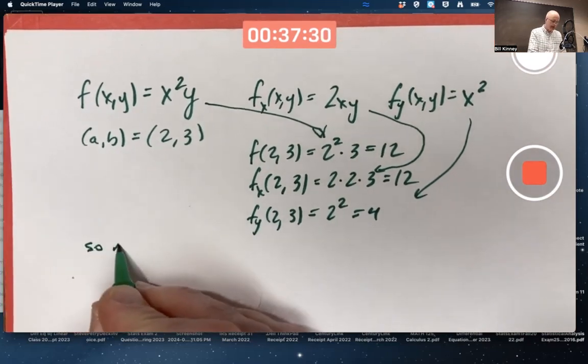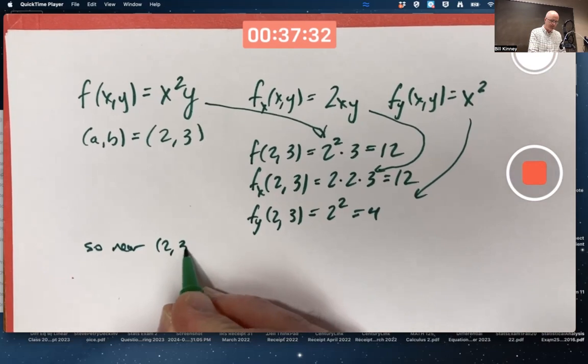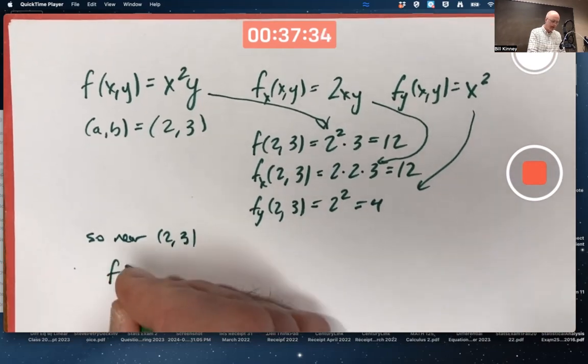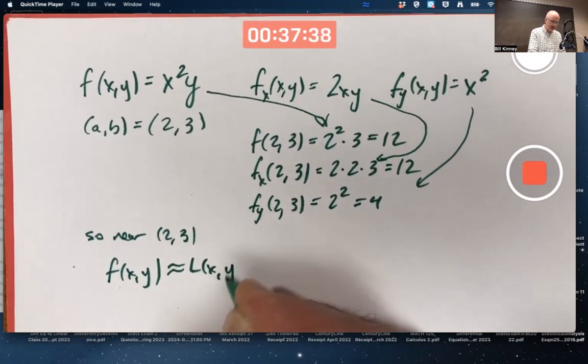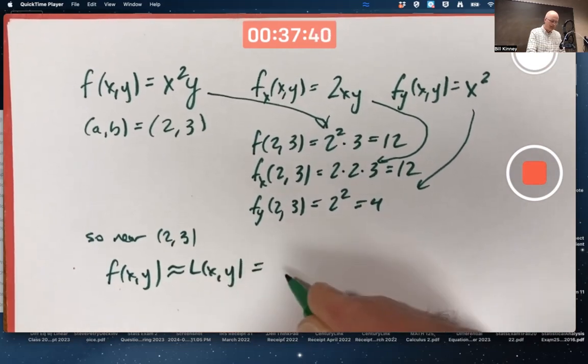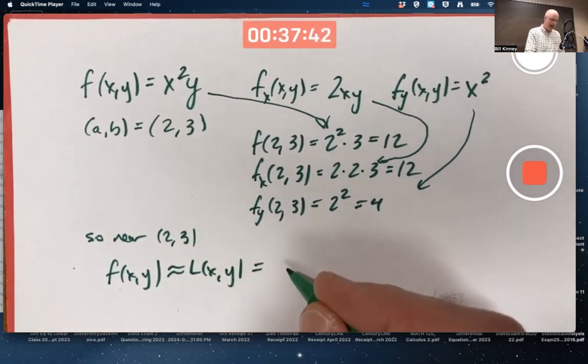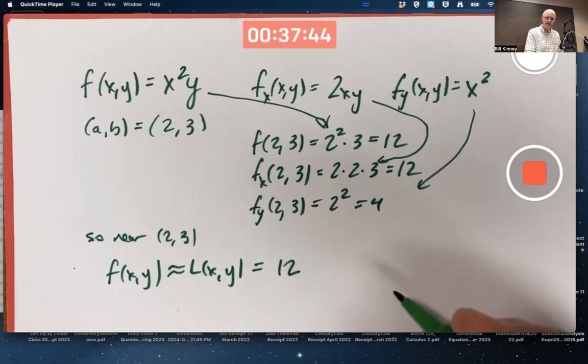So near (2, 3), f of (x, y) is approximated by L of (x, y), which will be f of (2, 3), 12.